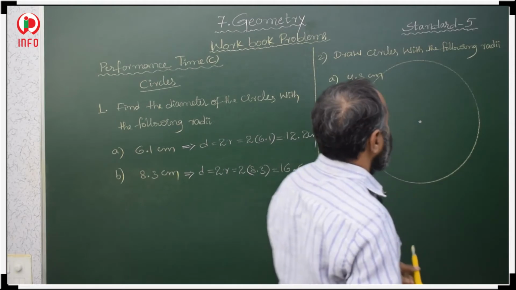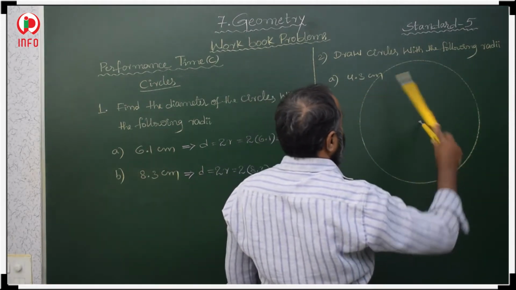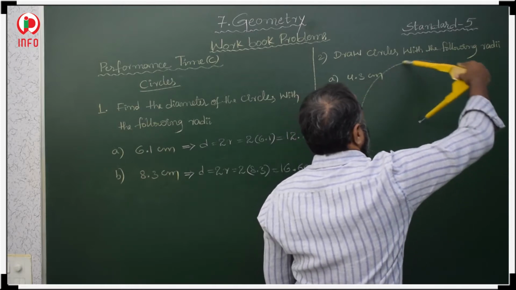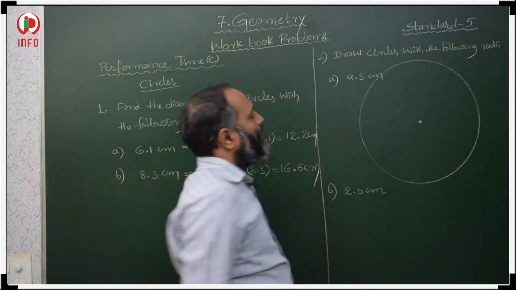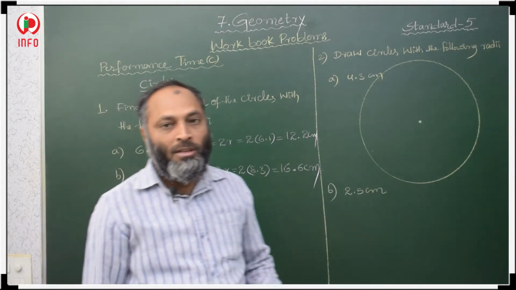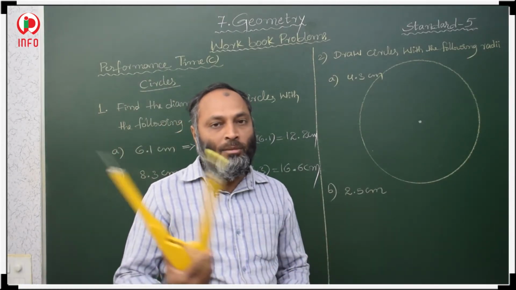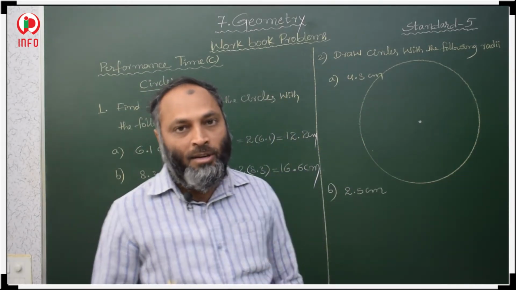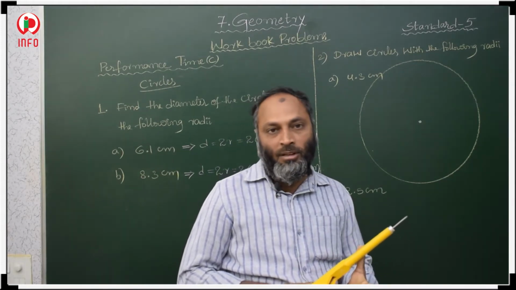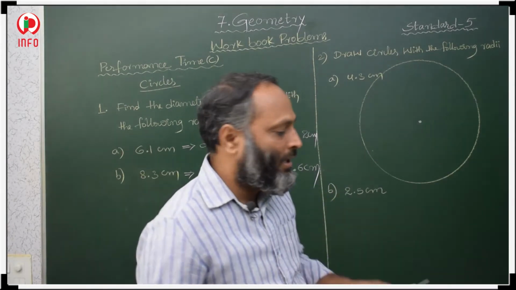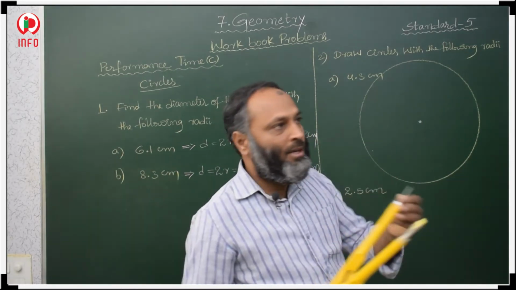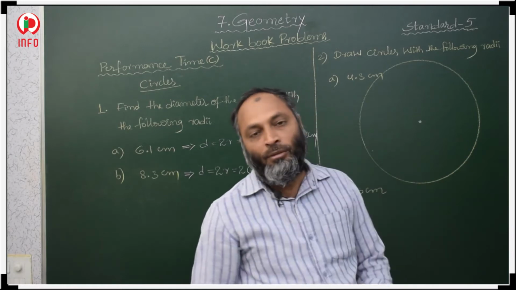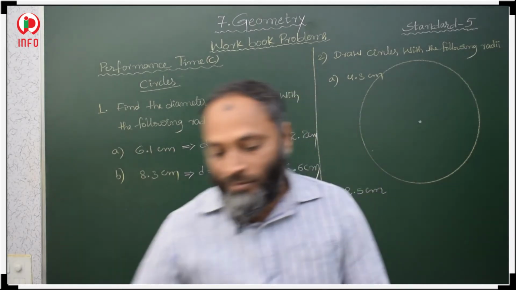Then you will form a circle of radius 4.3 centimeters. First you mark a point, that is the center of the circle, and after that measure 4.3 centimeters on a scale with the compass, keep one sharp end of your compass on the center and rotate it, then you will get a circle of radius 4.3 centimeters.